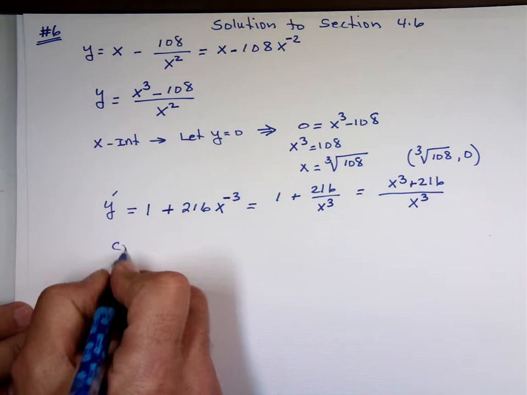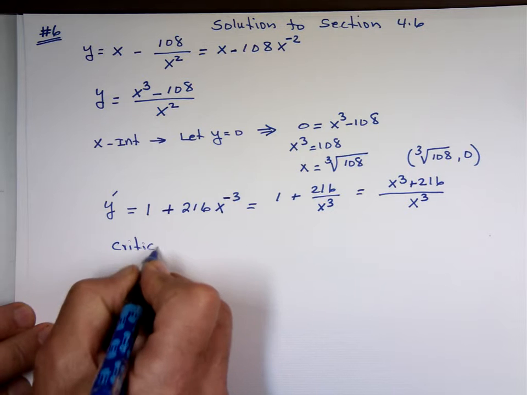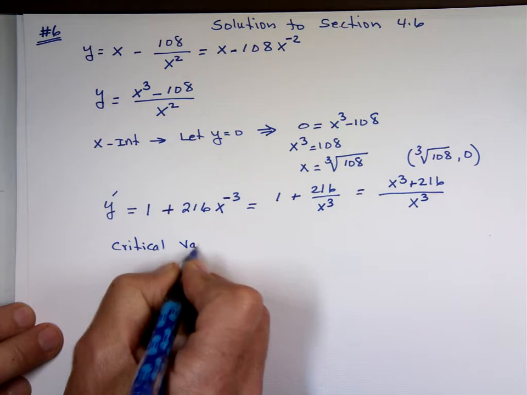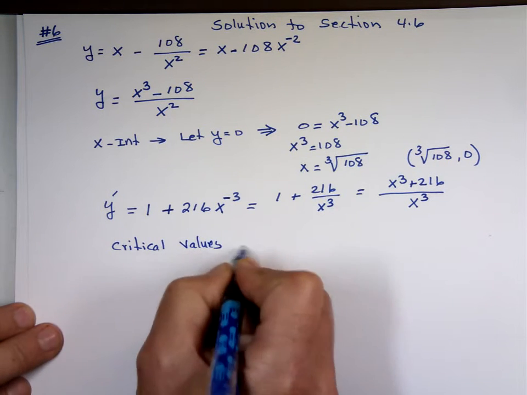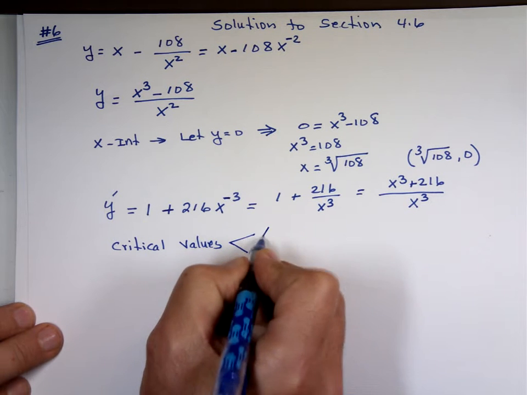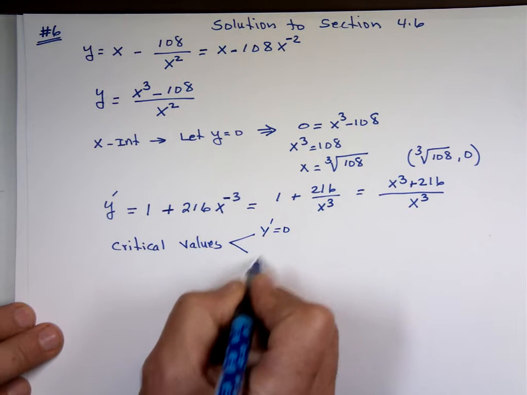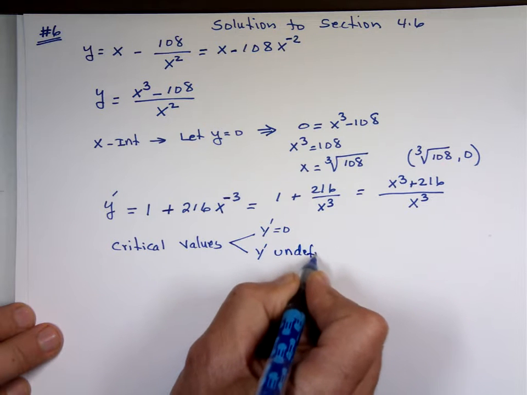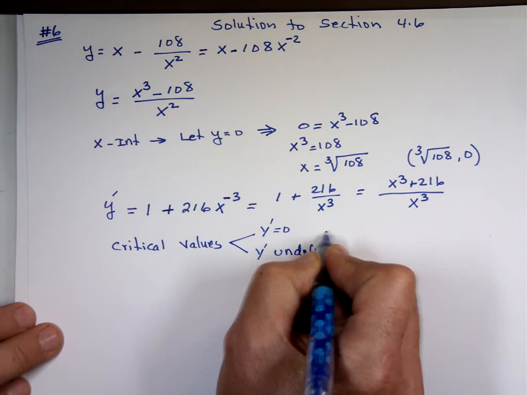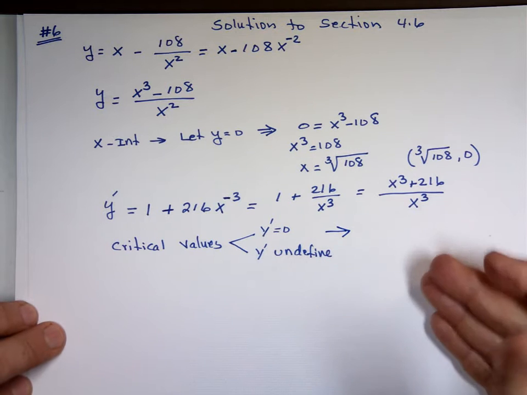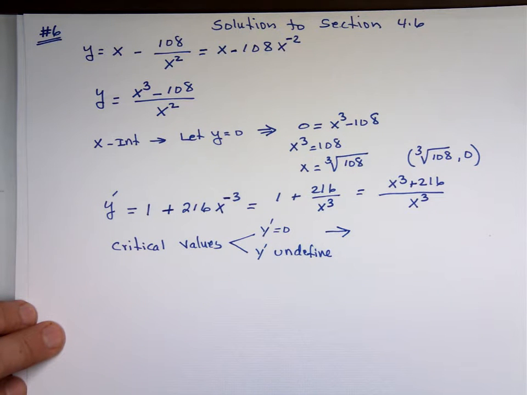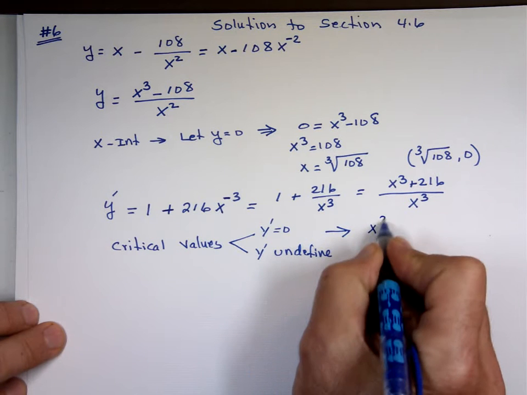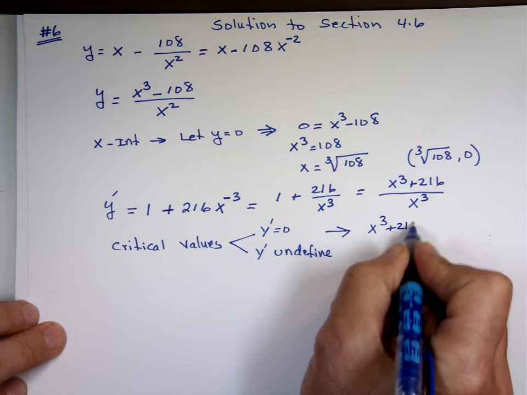Critical values. That's where the derivative is equal to 0 and where the derivative is undefined. When you have a fraction, for the fraction to be 0, that means the top has to be 0. When is x cubed plus 216 equal to 0?